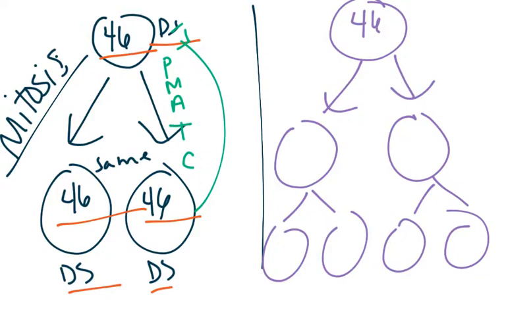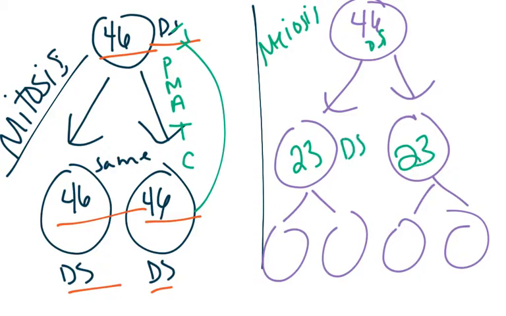Now, looking here, slightly different when we look at meiosis. Okay, meiosis sex cells start off with 46 double-stranded, 23 double-stranded here, 23 single-stranded, and we get 4.